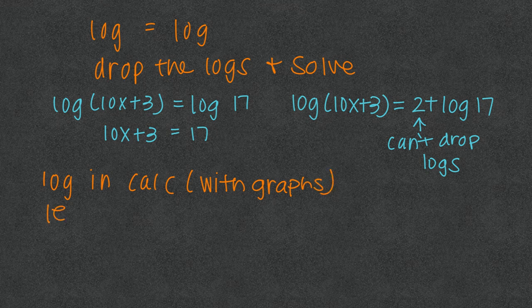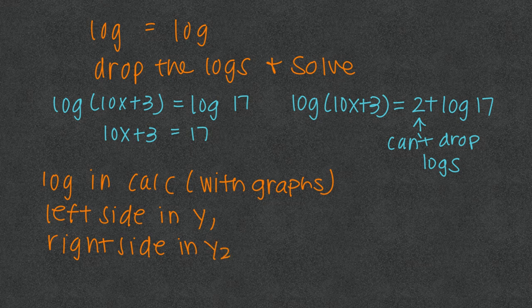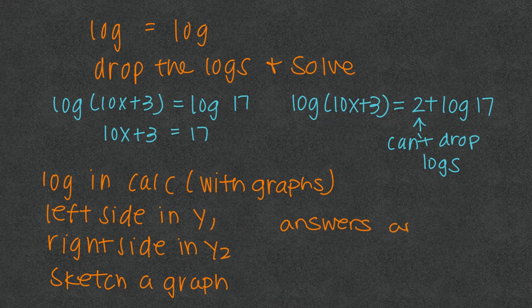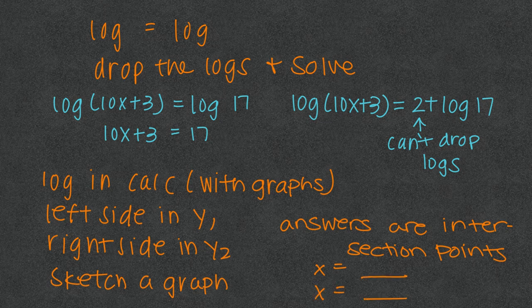For these, we would put the left side in Y1, the right side in Y2, sketch a graph, and our answers are the intersection points. And so it would be like x equals blank, x equals blank.